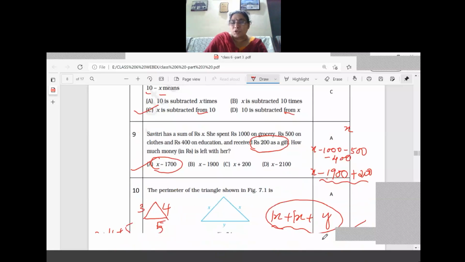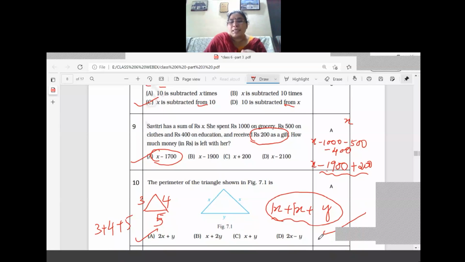Now just the perimeter. If it is numerical values, we know how to add, like 3 plus 4 plus 5. You people do these things very fast. But when it comes to variables, what will happen? It should be added like this: x plus y. Since the given option is 2x plus y, I told you to write this one.